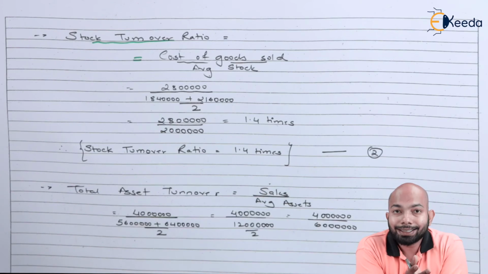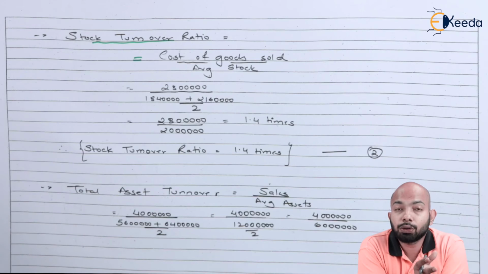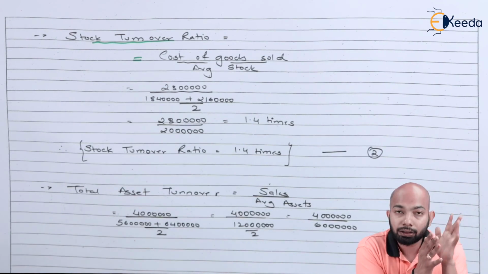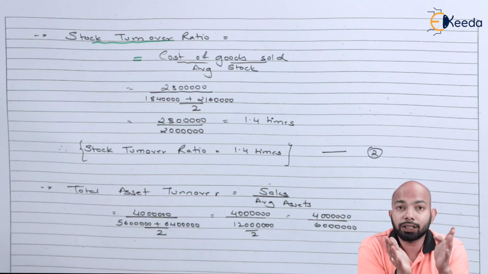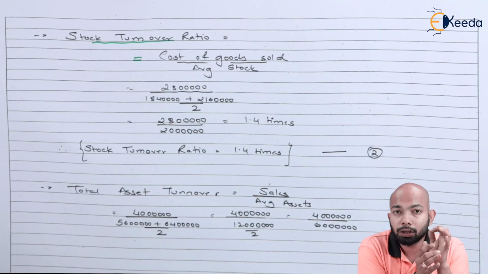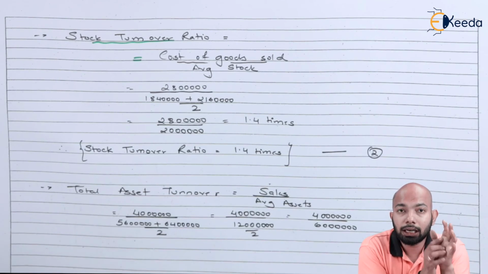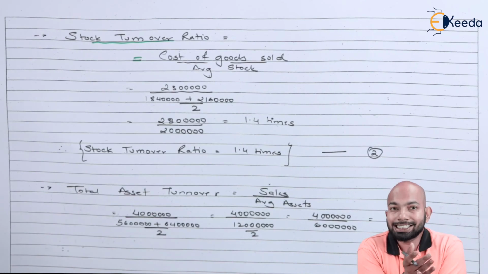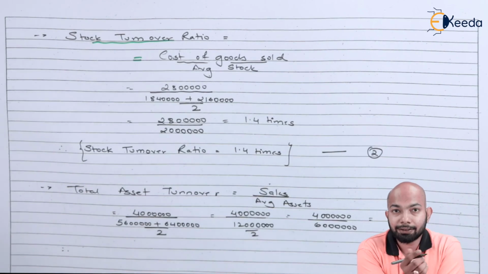The value that we get here for the average asset is 56 lakhs for 2007 and 64 lakhs for 2008. So that will give you a value of 1 crore 20 lakh, that is 56 lakh and 64 lakh added together, then divided by 2, and you'll get a value of 60 lakhs here. Now that is the last thing that we're supposed to do, 40 lakhs divided by 60 lakhs. That gives us a value of 0.666. You can round it off to 0.67.